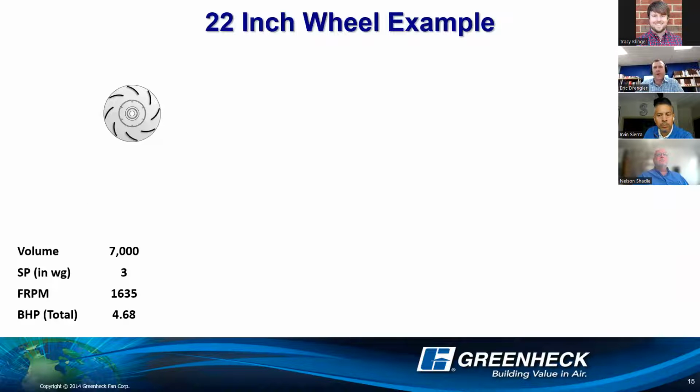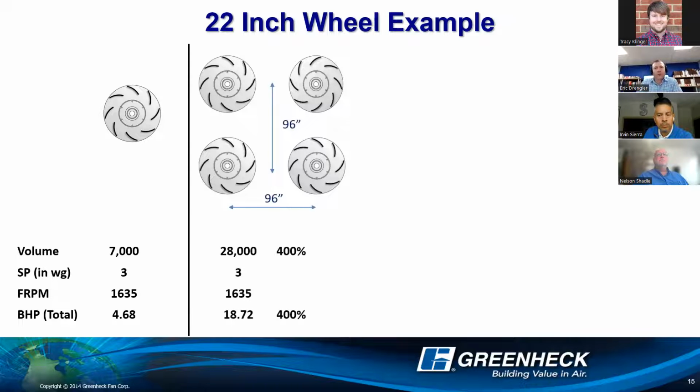Let's give you an example here of some test data to show you what the impact is of putting wheels in parallel. So if I have a 22-inch impeller that can move 7,000 CFM at 3 inches of static pressure, in this particular design, I need to spin it at 1,635 RPM, and it's going to require 4.68 brake horsepower.